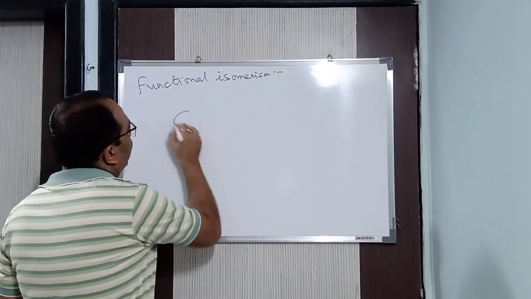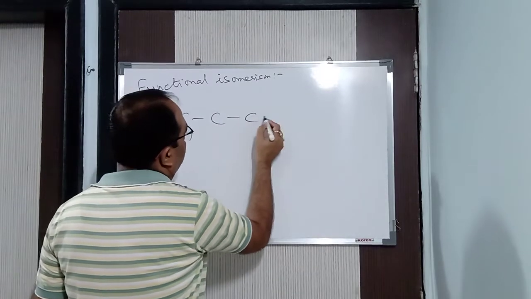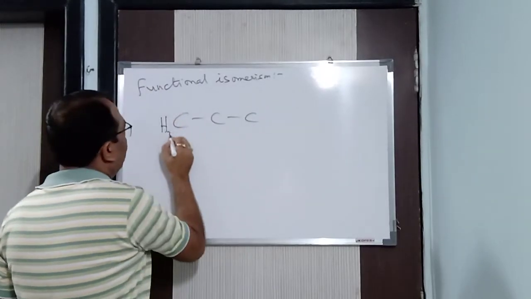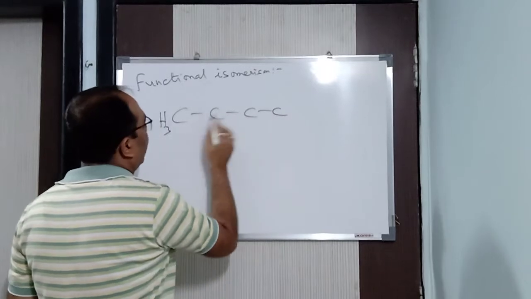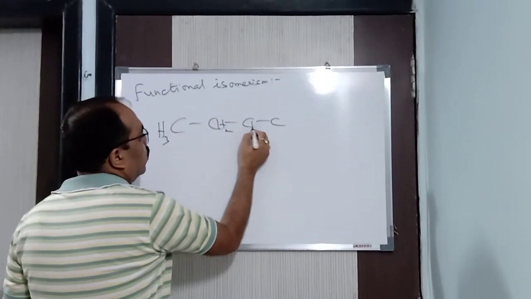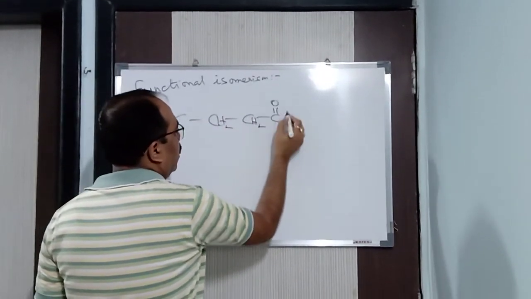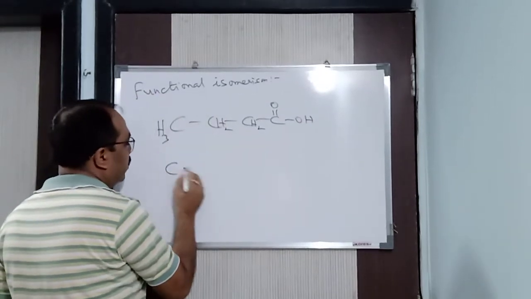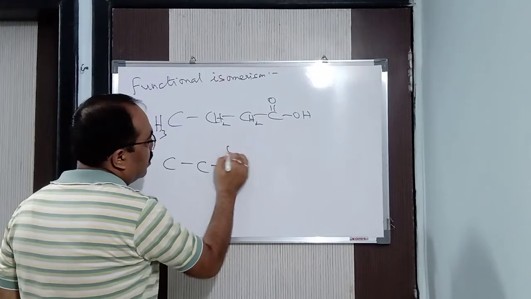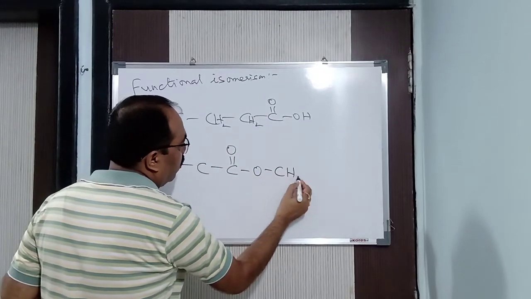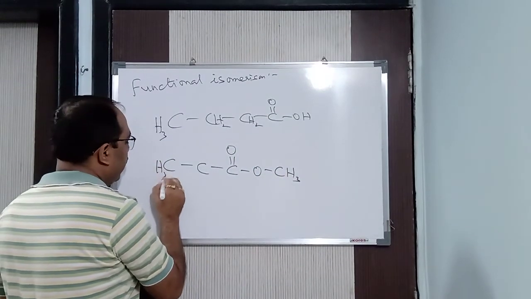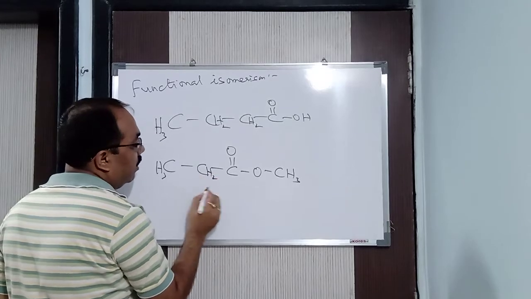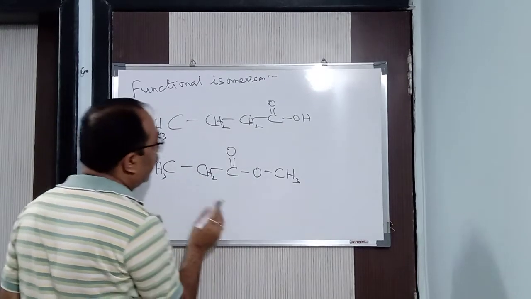Now, let me write one structure. Here CH3, CH2, CH2, COOH. We will write the name later on. We can also write it in this way, and after that we will count the carbon, hydrogen and oxygen and see whether we are correct or wrong.